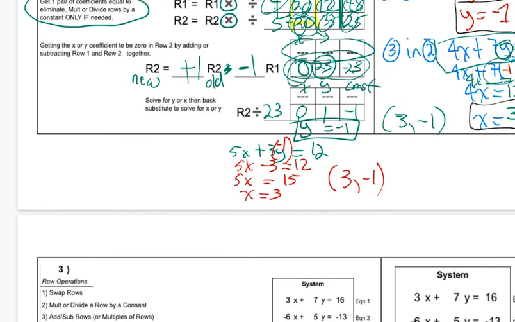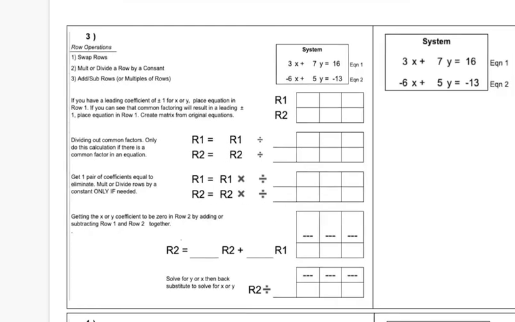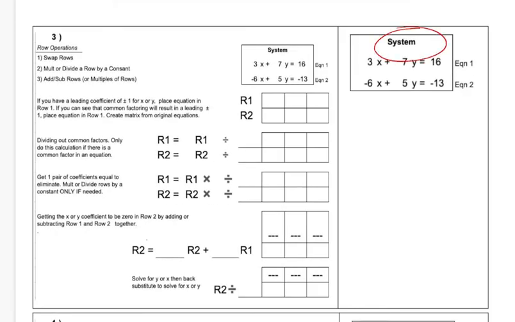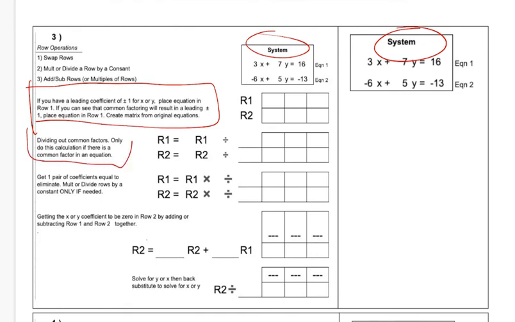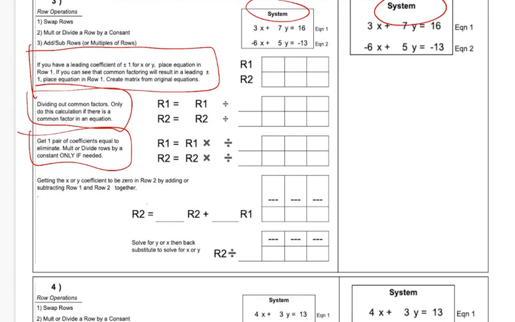Okay, so for homework, there are just 2 questions here to do, but I'd like you to do them the old way from grade 10 and this new way with matrices. Along the side here, you get prompts of what you want to do in each step. And you remember, if you don't have common factors, you just skip that step.